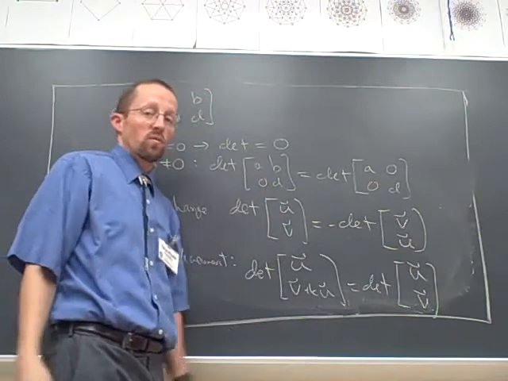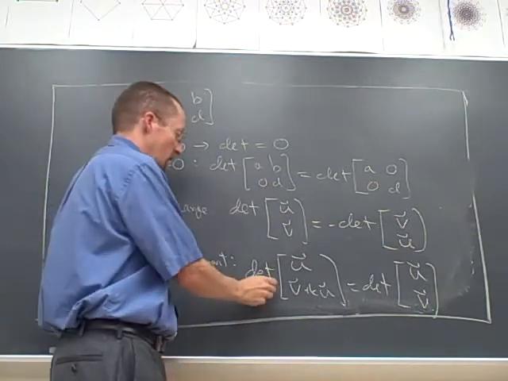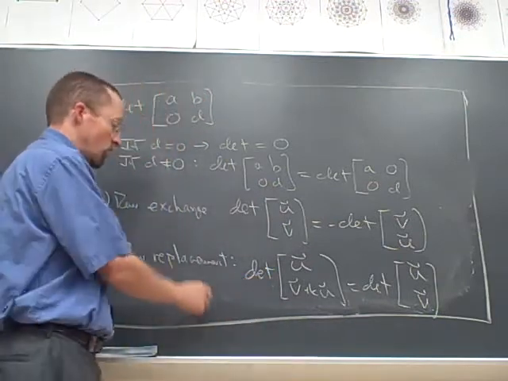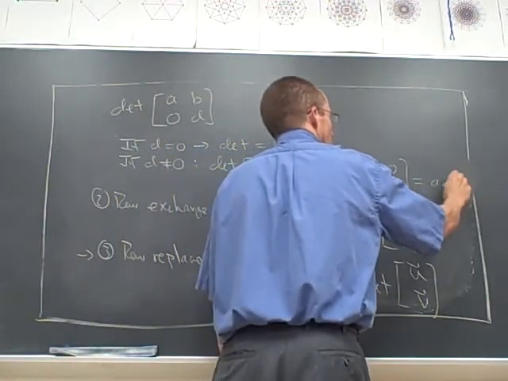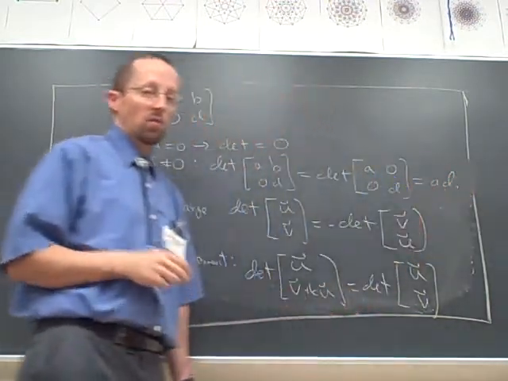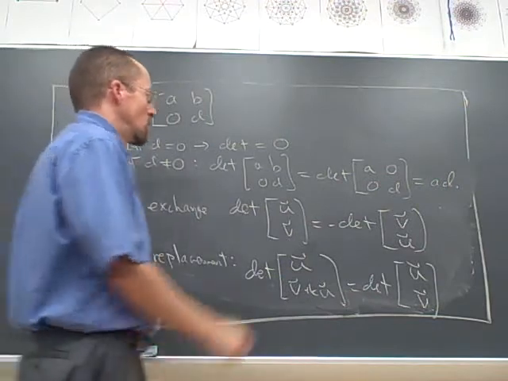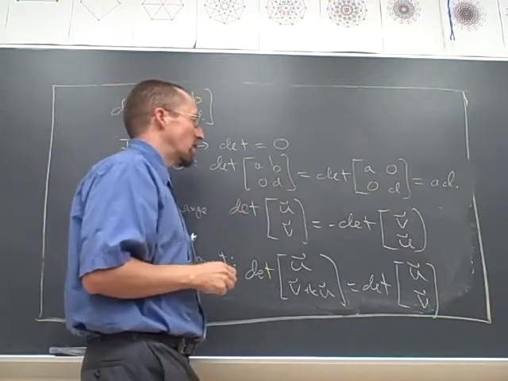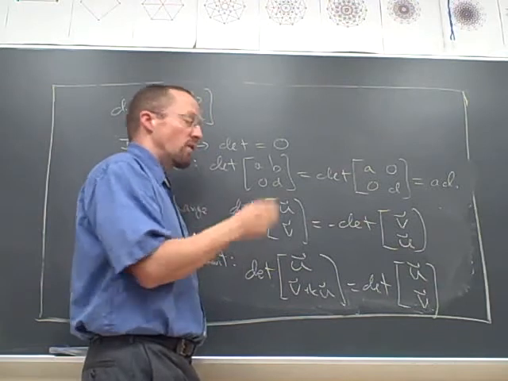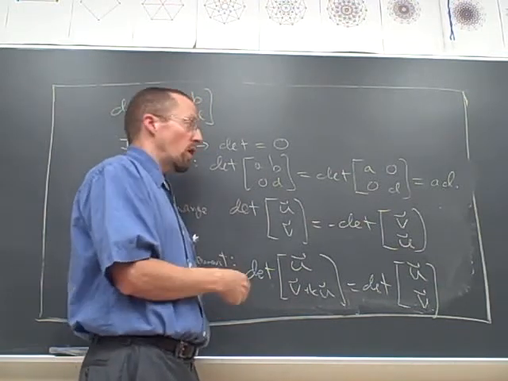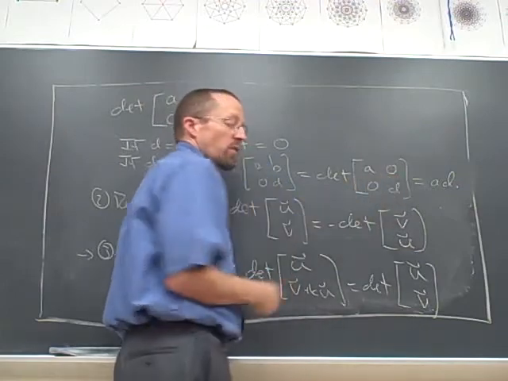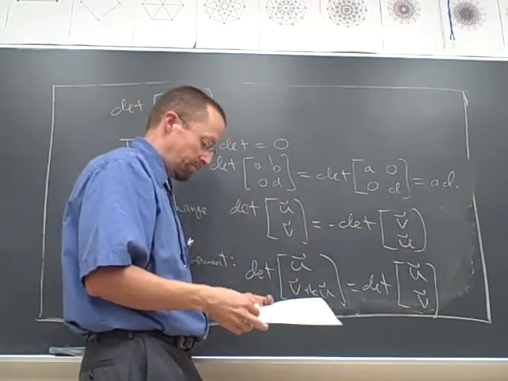It doesn't even matter what the row operation is. We don't have to keep track of what it is as long as it's a row replacement operation. And this is a rectangle, and it's AD. Remember, it's not the absolute value of AD anymore because it really is a signed area. So that's a simple example of the basic idea of how we're going to calculate determinants: using row operations to get it down to examples that we already know that are really simple. Okay?